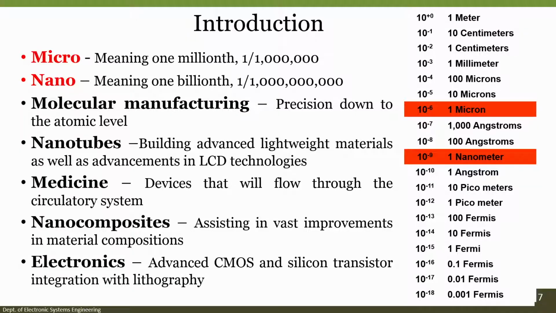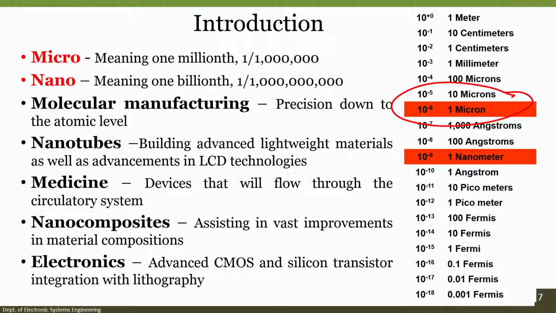This slide shows that 1 micron is 10 raised to minus 6. In fact, it is exactly 10 raised to minus 6 in terms of unit, where 1 nanometer is 10 to the power minus 9. In definition, micro means 1 millionth and nano means 1 billionth.